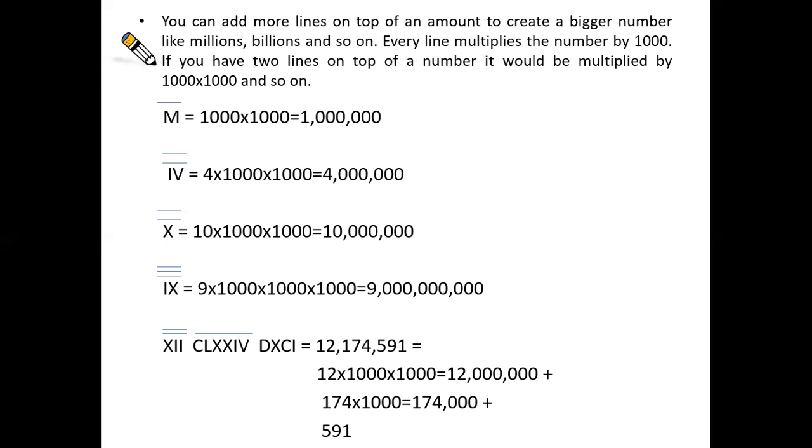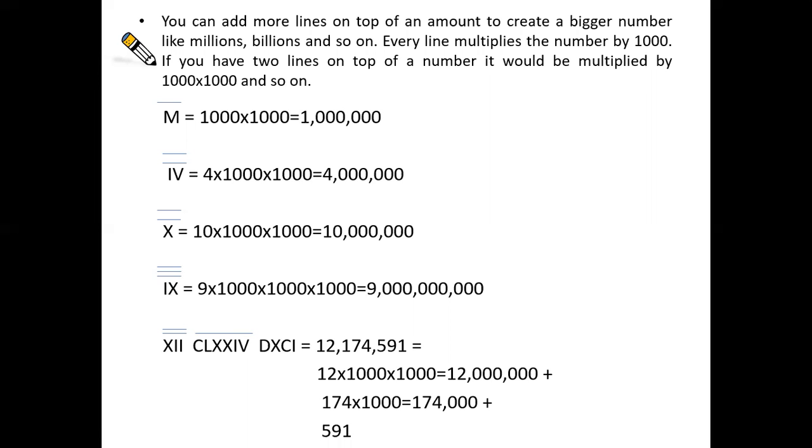But what about if you have a regular number that is not a multiple and does not have zeros in it? It's the same. You will be adding each amount until you arrive at the total. So the first amount is XII with 2 lines on top. It will be 12 times 1,000 times 1,000, which makes 12,000,000.